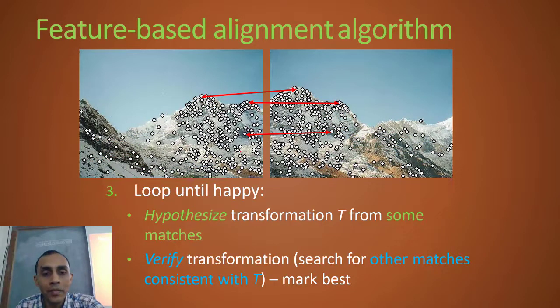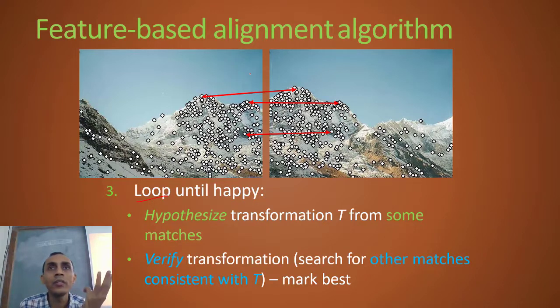So in RANSAC, we repeatedly loop. We pick some random points, however many random points we want. For an affine transformation, if an image has been scaled, rotated, or skewed a little bit, then the number of parameters in our affine transformation matrix will be 6.